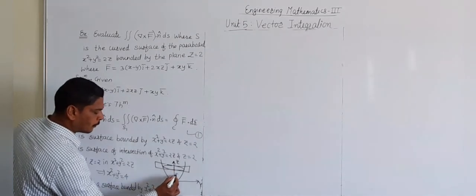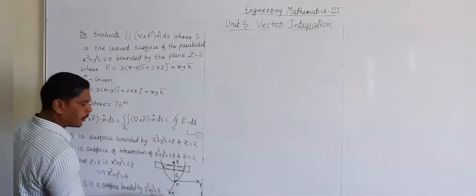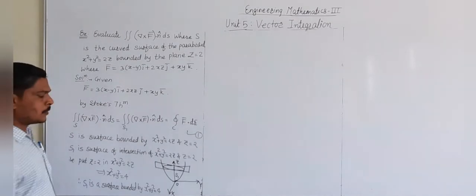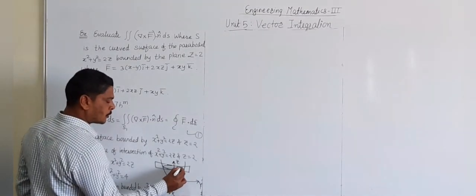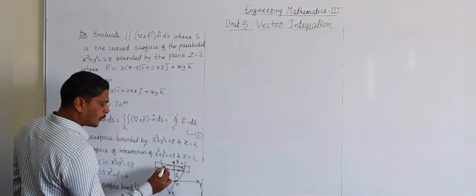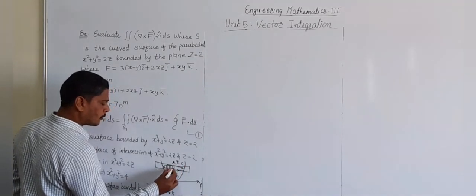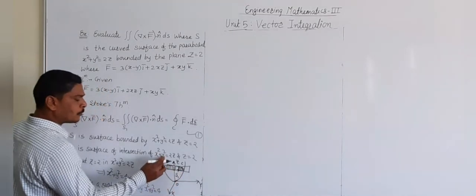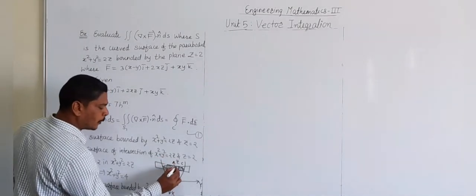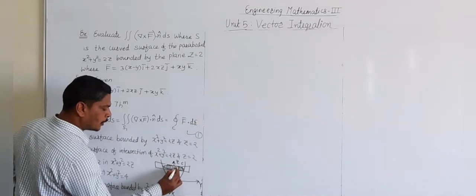Now the surface of the paraboloid bounded by these two curves is S1. This is our curve C, and this shaded surface, which is the intersection of this paraboloid and the z is equal to 2 plane, is suppose S1.